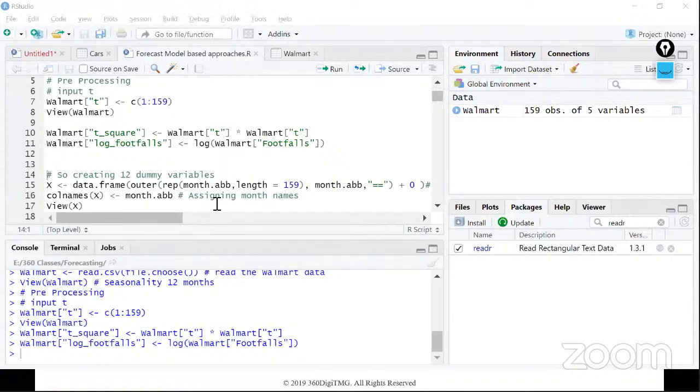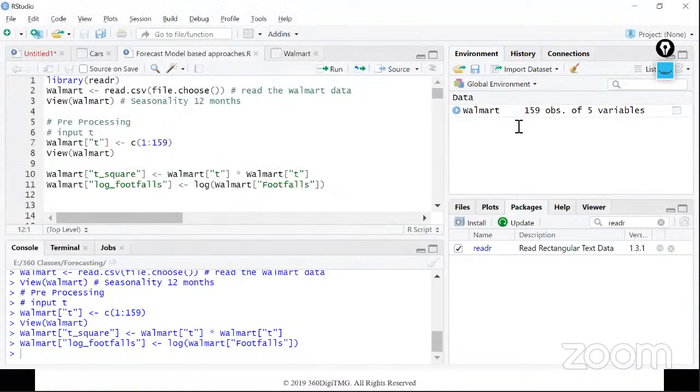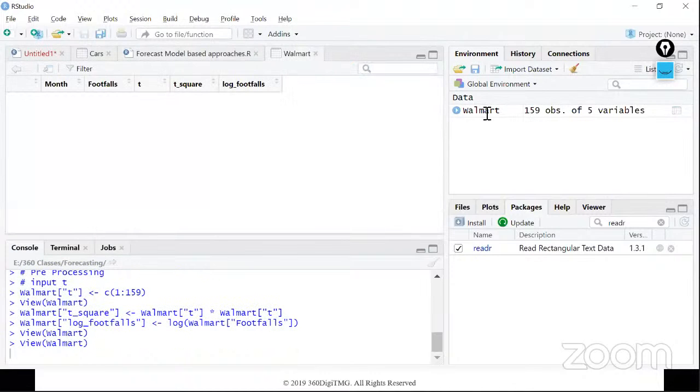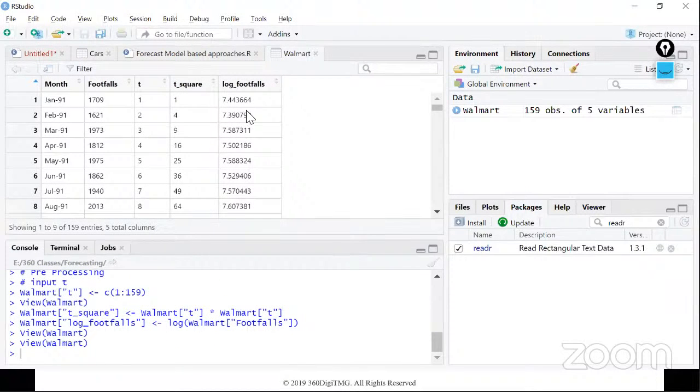This is what we have done so far. Not only have I got 2 inputs, but I've also taken the variant of the output itself, because I may want to build a polynomial model or an exponential model.